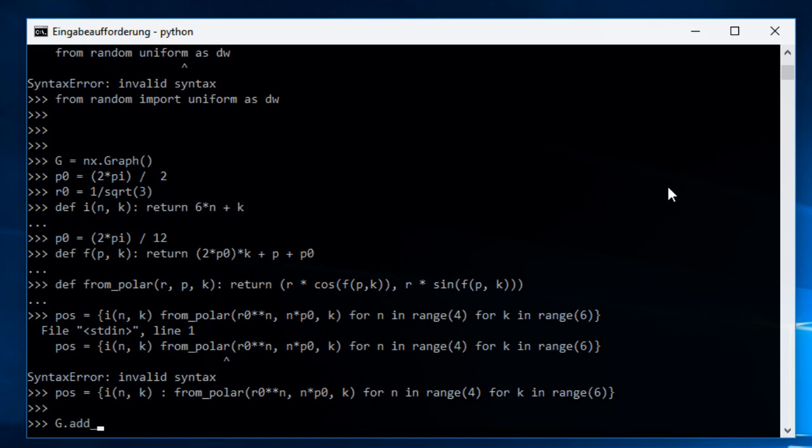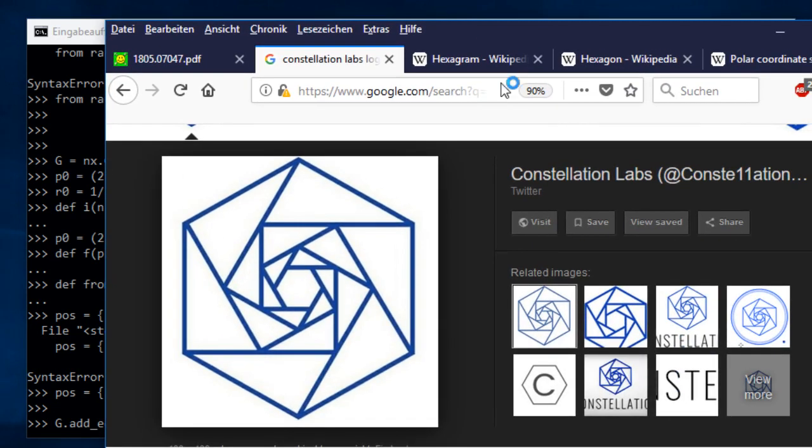This goes by the method add edges from, and we pass here a list of edges, and the edges are each given as a tuple of indices. And so, okay, let's go back to this picture. What I'm going to do is the following.